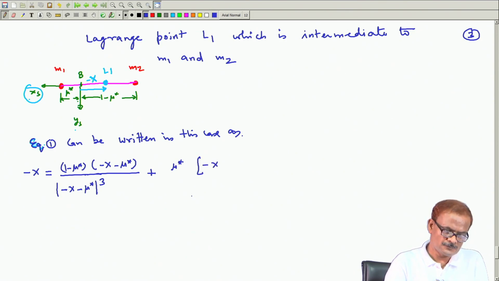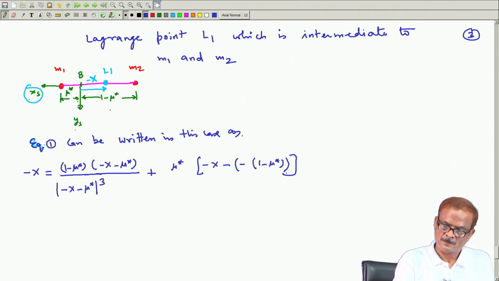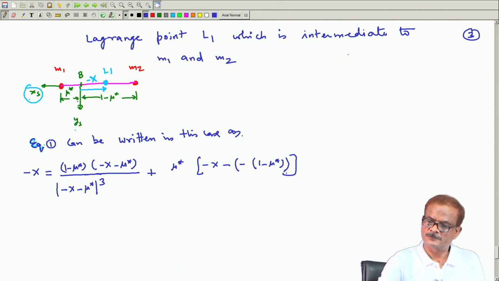Minus x goes as it is, minus x is this distance. So, whatever things were there, x plus x b 1 was, it was written like this.